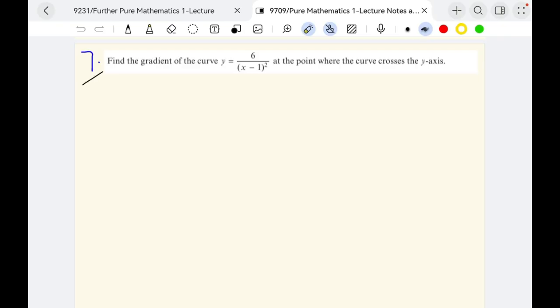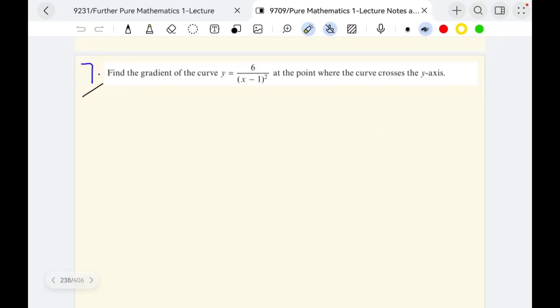This is the next question that we have to discuss right now. This is question 7, but it's under the course book. Find the gradient of the curve y equals 6 over (x minus 1) squared at the point where the curve crosses the y-axis. Highlight the point where the curve crosses the y-axis.